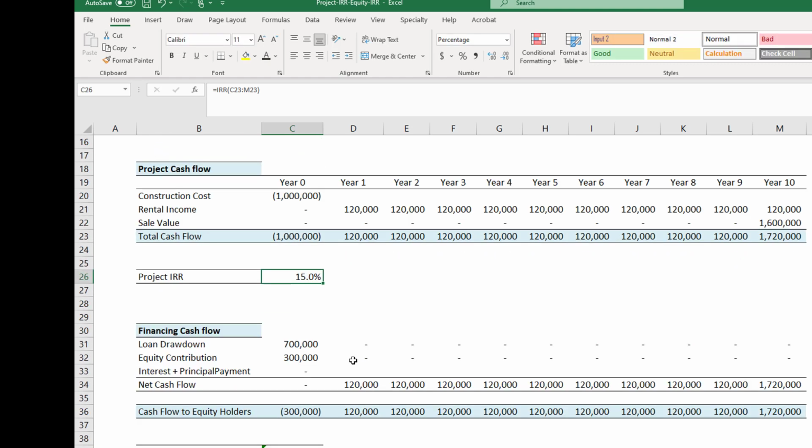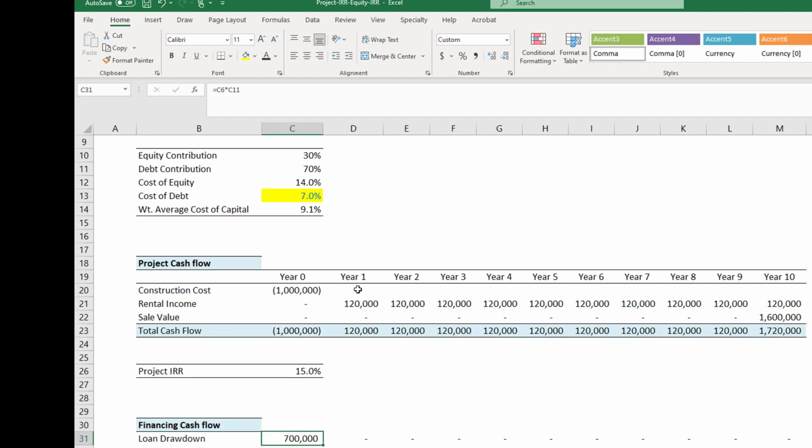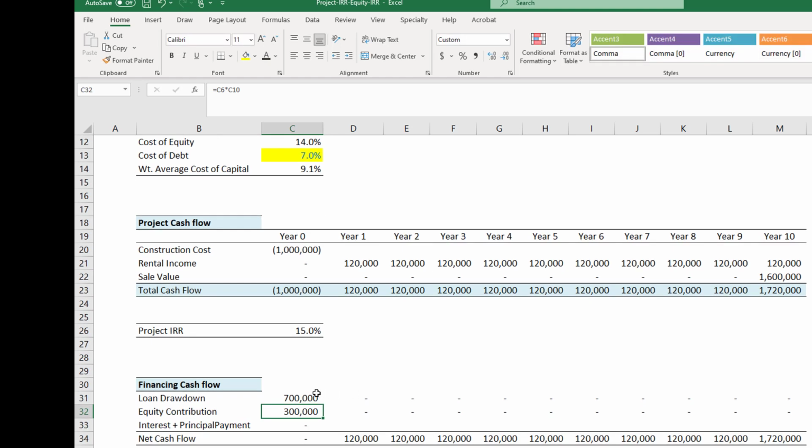Now I have an additional cash flow, the financing cash flow. I'm withdrawing a loan, which is 70% of 1 million, which is 700,000. And then I have the equity contribution, which is 30% of the 1 million, which is again 300,000. These are cash inflows, so they are positive.